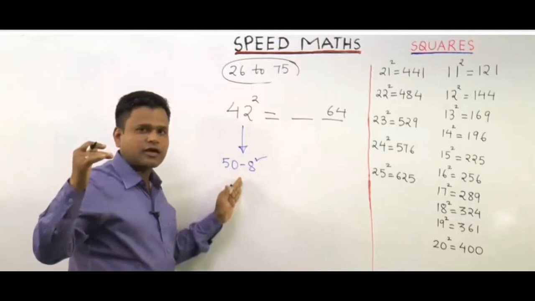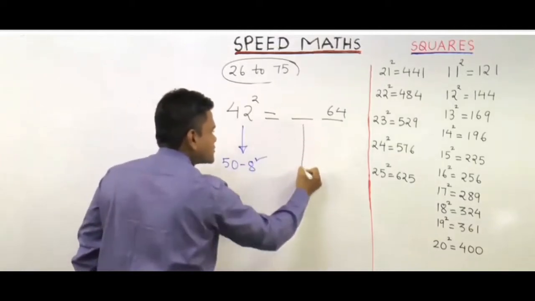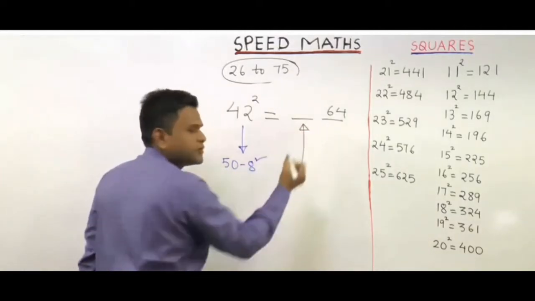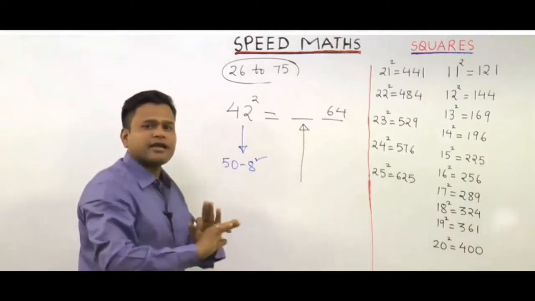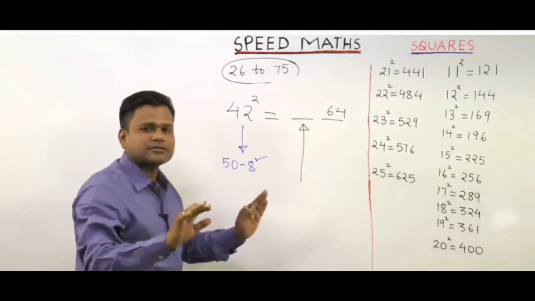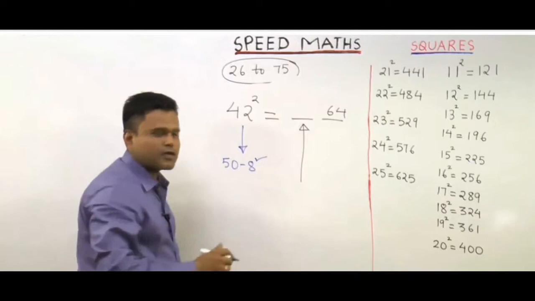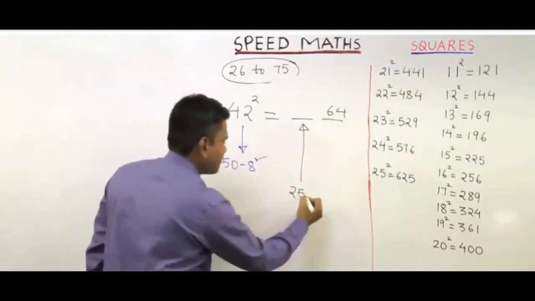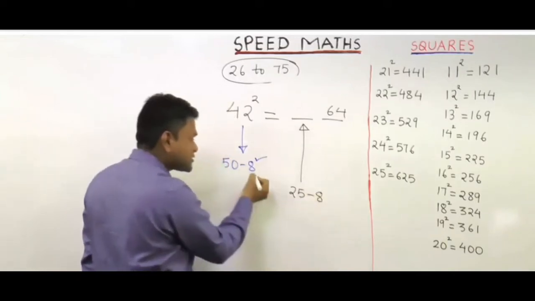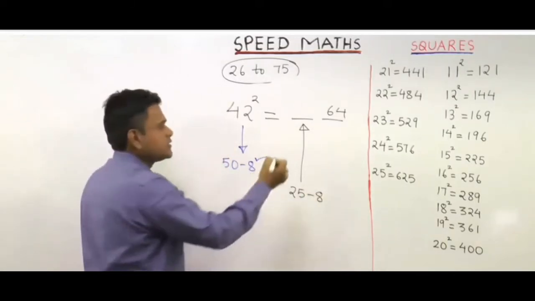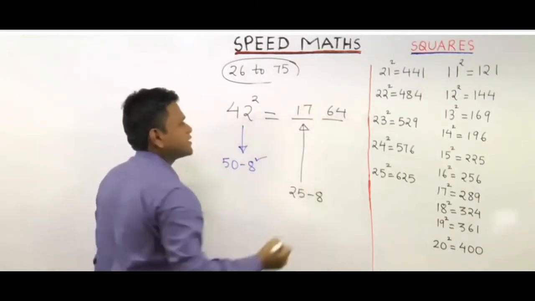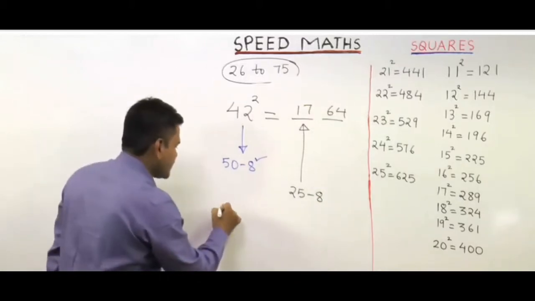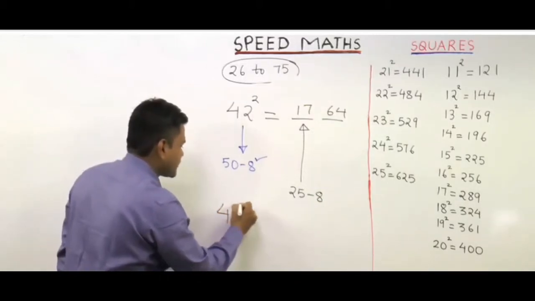So what we have to do now, this part, the first blank, we have to take minus. Everything else remains as it is, principle wise, as what we have taken earlier on. So this is going to be 25 minus 8. Why minus 8? Because I have minus 8 here. 1764 is the answer.